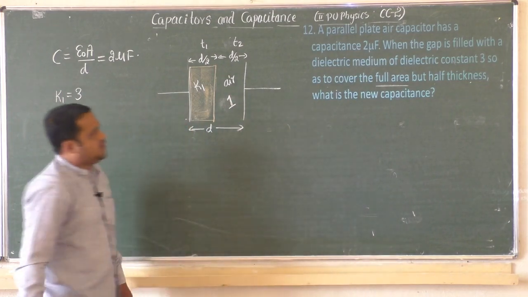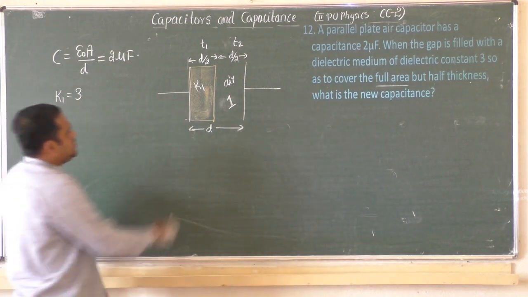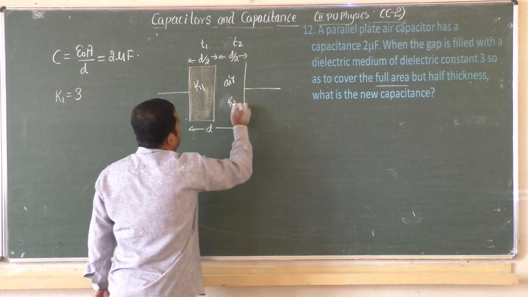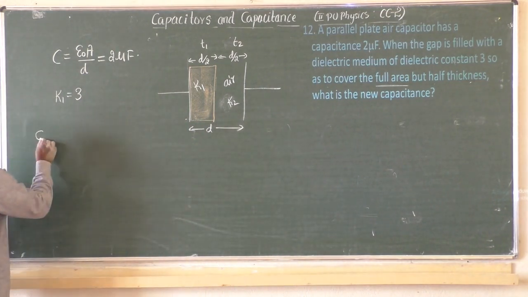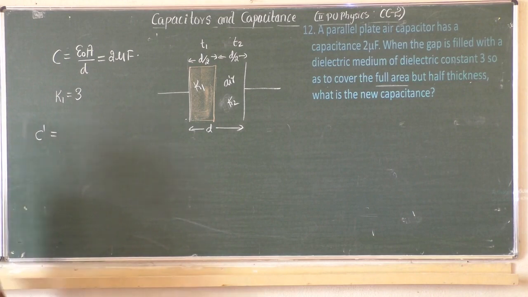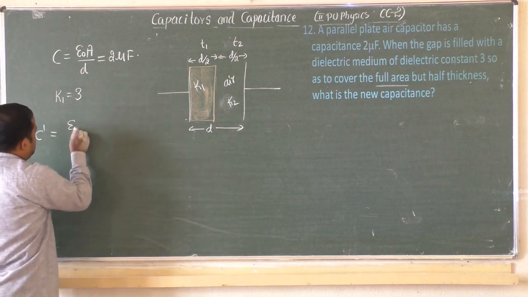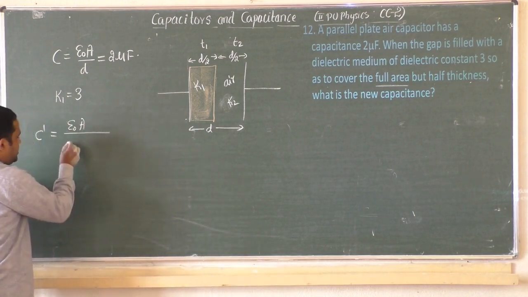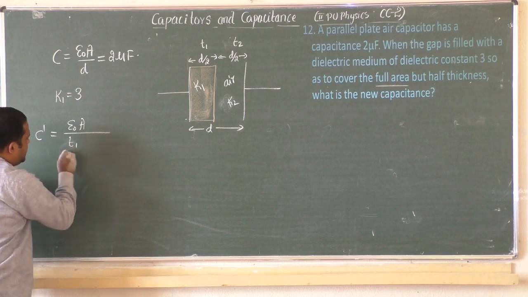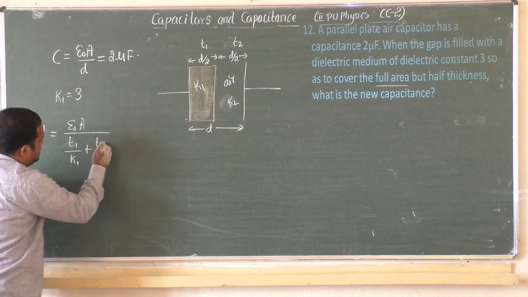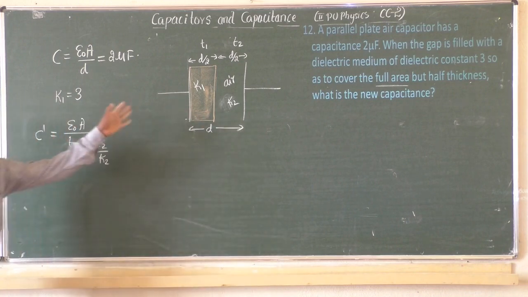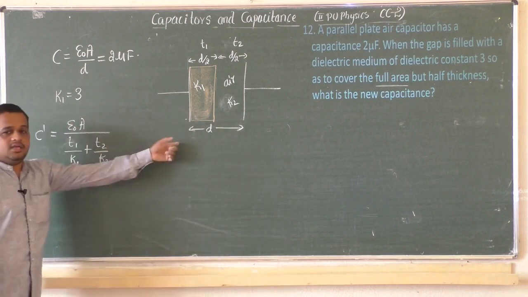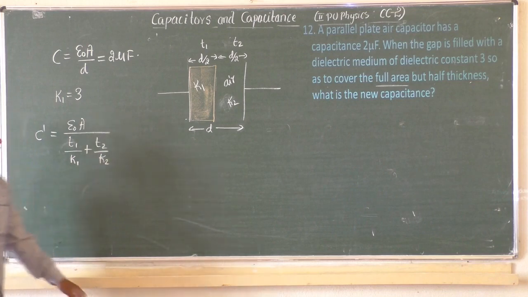If you want, you can write K2 here. Now what is the capacitance? For this case you have to use this equation: C dash is equal to epsilon naught A divided by T1 by K1 plus T2 divided by K2. Only two media are there. If you have a number of dielectric media, you can continue with T3 by K3 and so on.